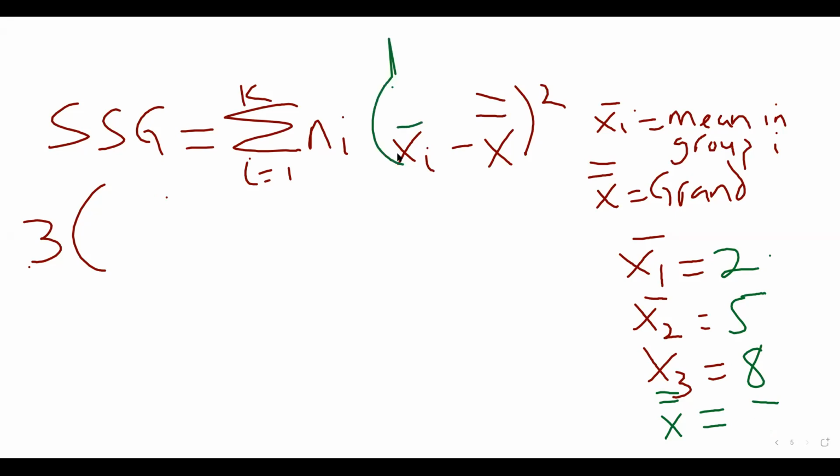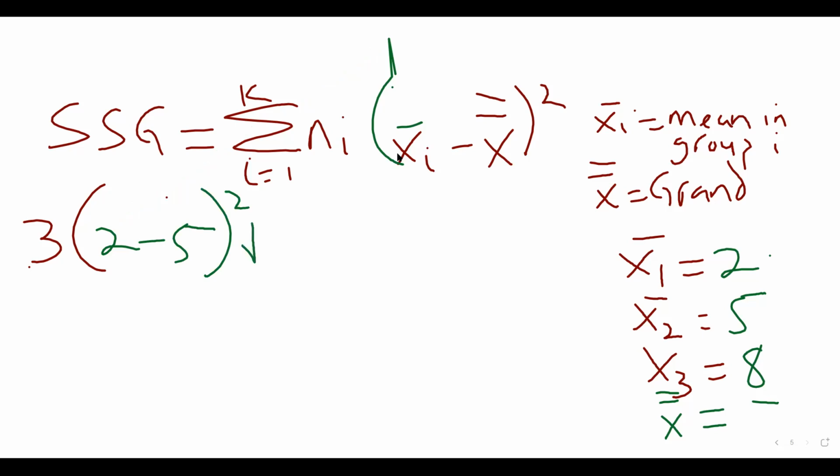You're going to have 3, which is the sample size, into bracket the xi bar, which is the mean in the first group, and the mean in the first group is 2. So you write 2 minus the grand mean, which is 5. Then you square it.